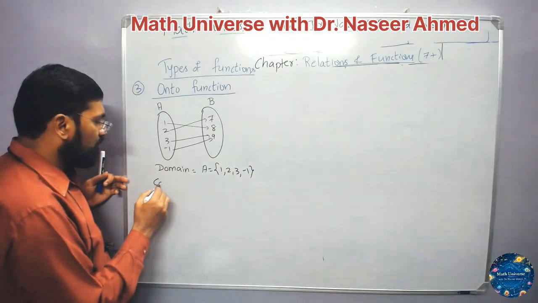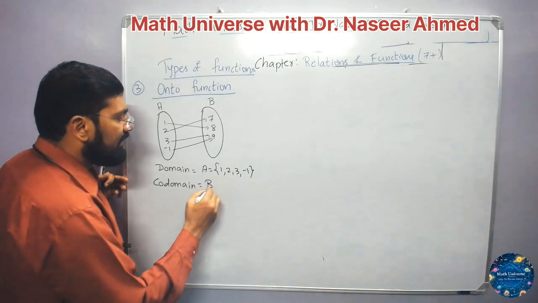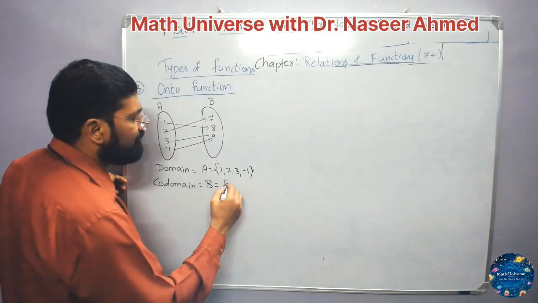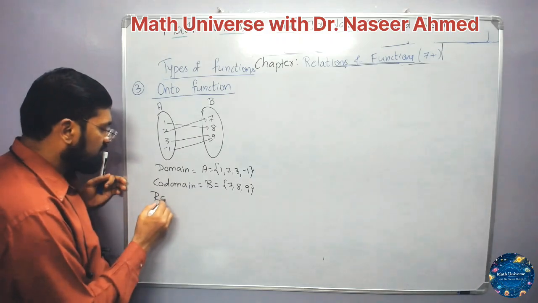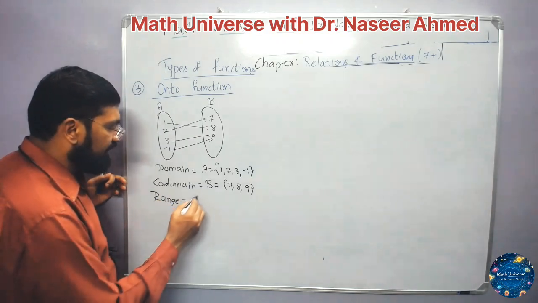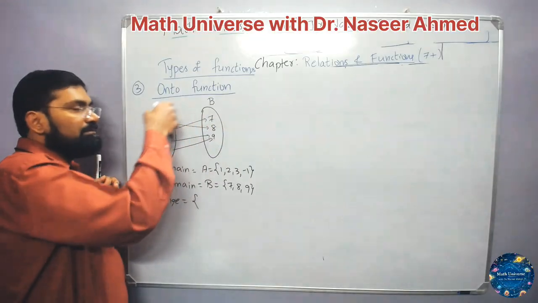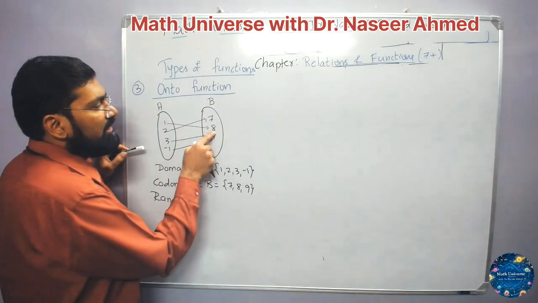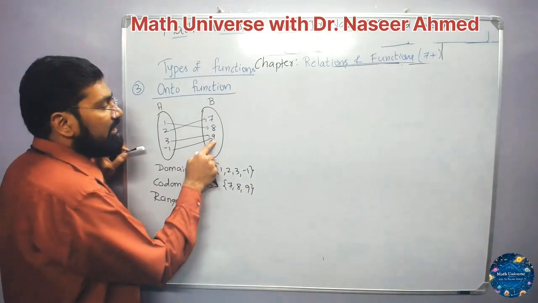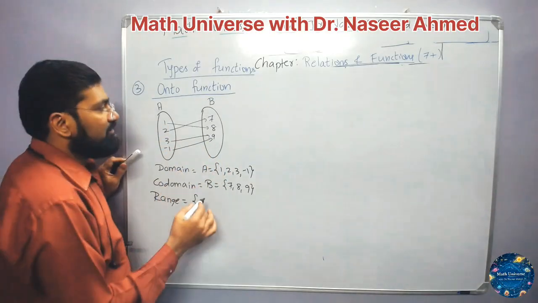What about codomain? Coming to codomain, it is the entire second set B, that is 7, 8, 9. What is the range? Coming to the range, it's all the elements having the pre-image. 7, does 7 have a pre-image? Yes, 2. Does 8 have a pre-image? Yes, 1. 9 has got 2 pre-images, no problem. But it should have pre-images.